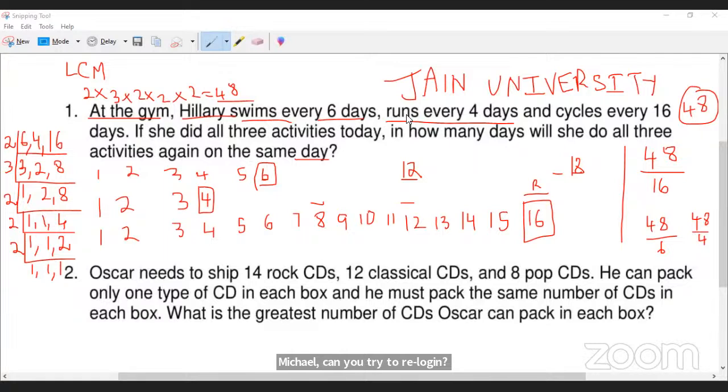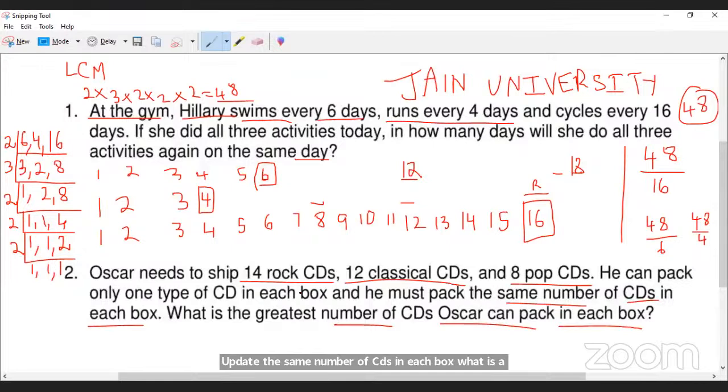Okay. Next, Oscar. Oscar needs to ship 14 rock CDs and 12 classical CDs and 8 pop CDs. We can pack only one type of CD in each box, and we must not have packed the same number of CDs in each box. What is the greatest number of CDs Oscar can pack in each box? That means I should not have any repetition.